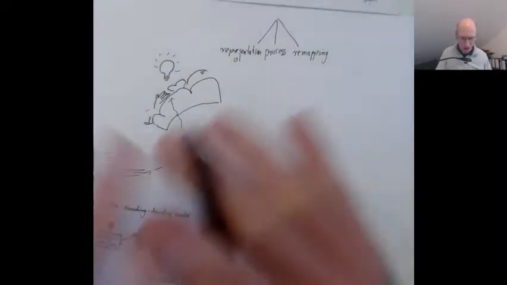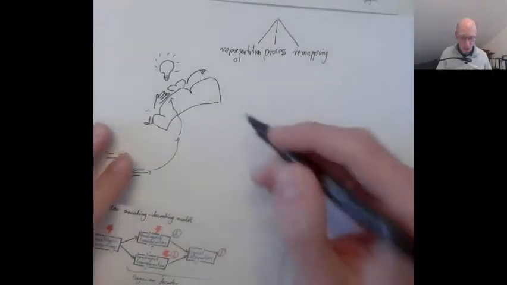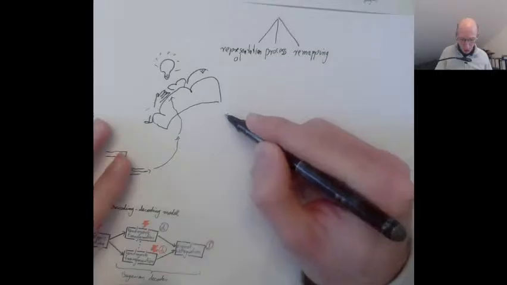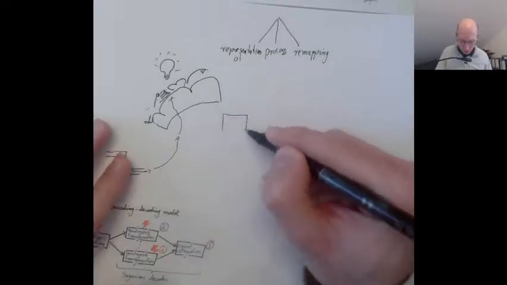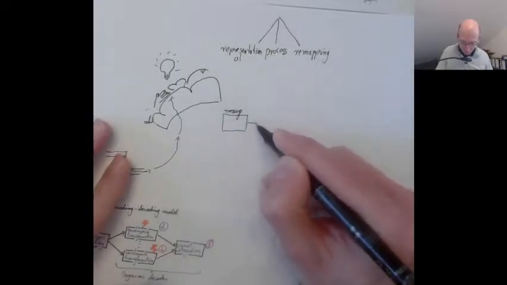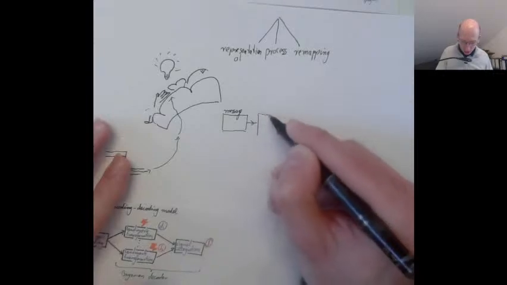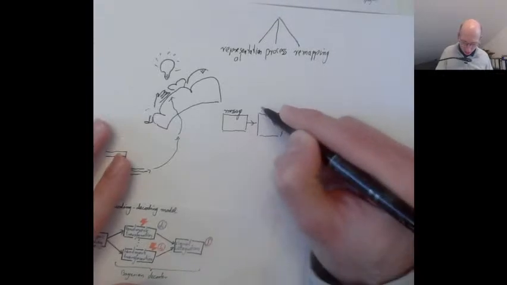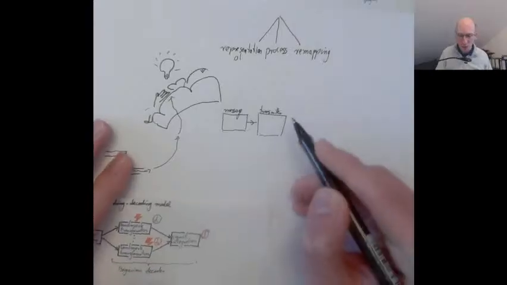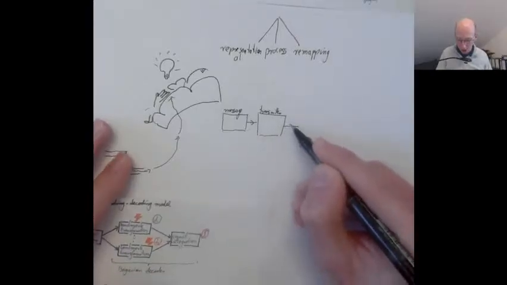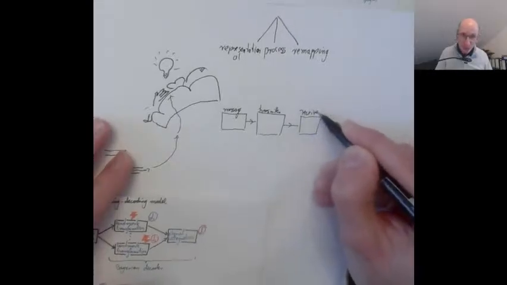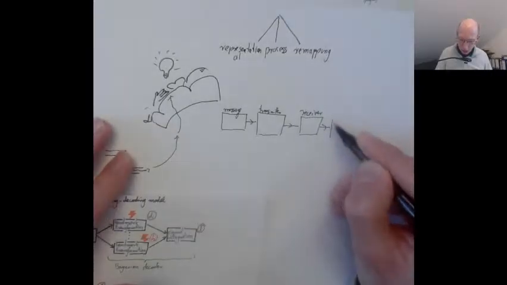When the original idea, and I draw it in a way that doesn't have anything to do with the brain, but the original idea by Claude Shannon was that you have a message, you then have a transmitter, and the transmitter does something to the message. So I get to that in a moment. You have a receiver, and then you have a destination.